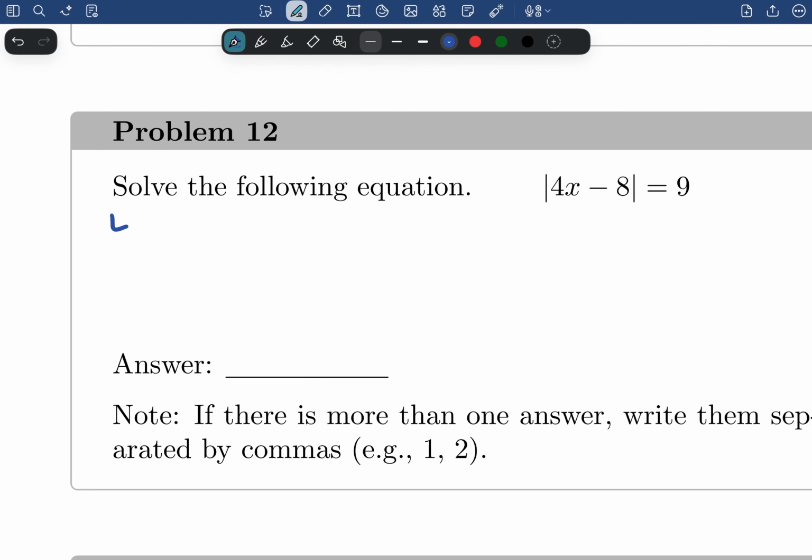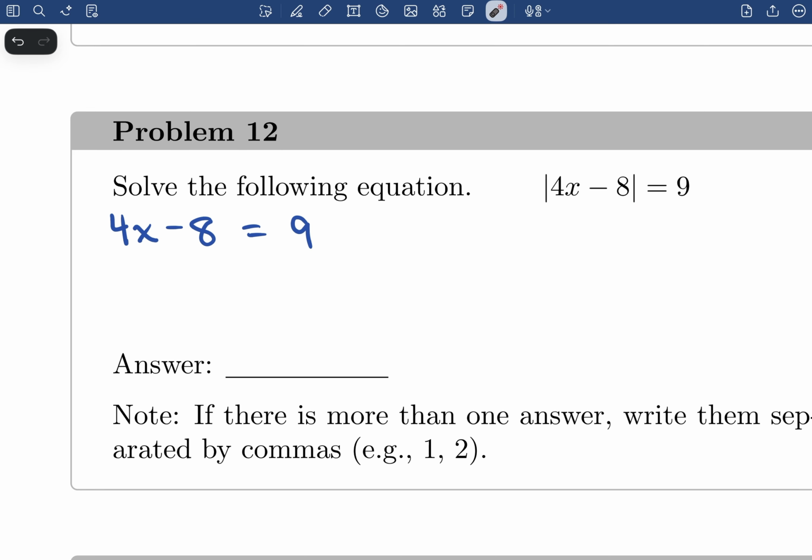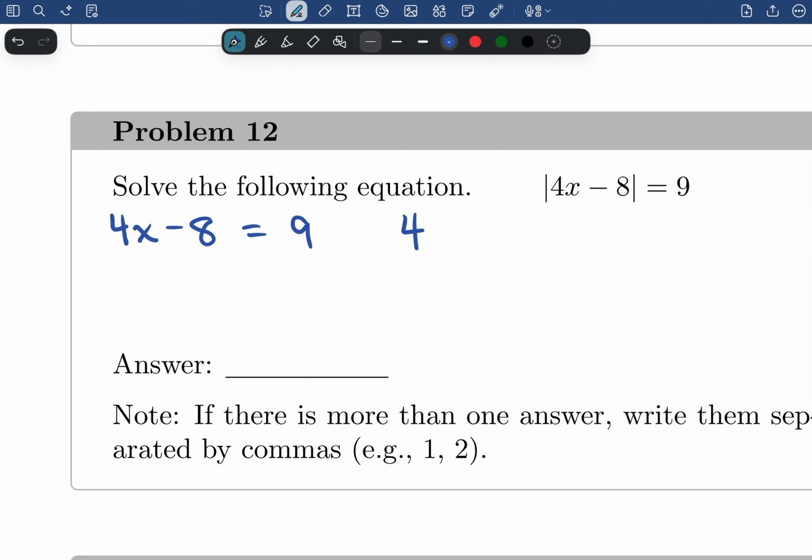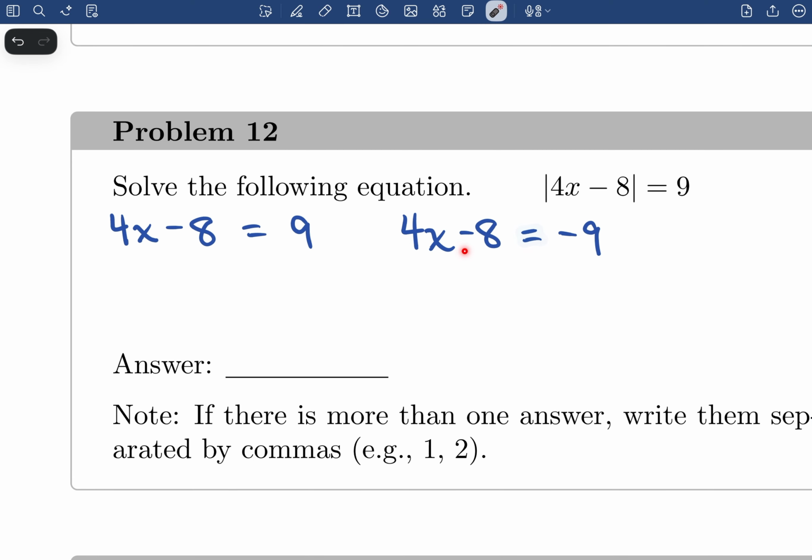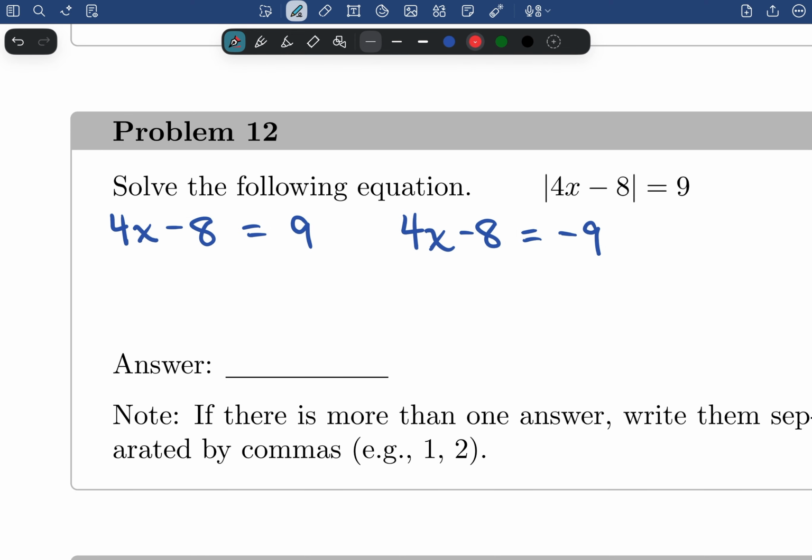Yeah, so we write this as 4x minus 8 equals 9, just like the original statement without the absolute value symbols. And then we write the second equation, 4x minus 8 is equal to negative 9. These are two separate equations that I've created. I had to drop the absolute value symbols to solve this and finish off this problem. So let's proceed. And I'm going to solve both equations simultaneously.